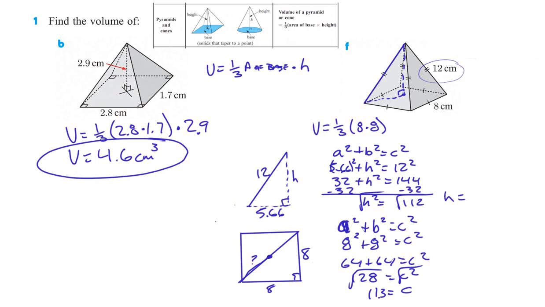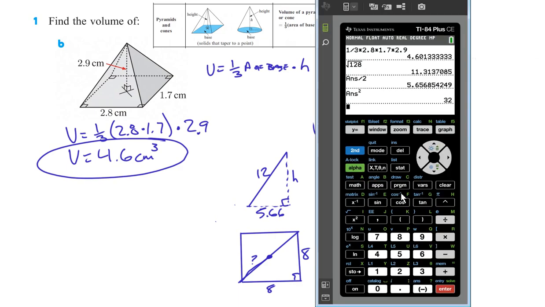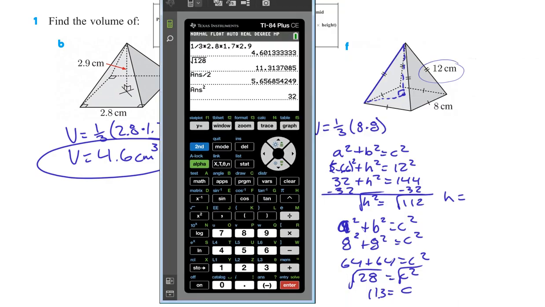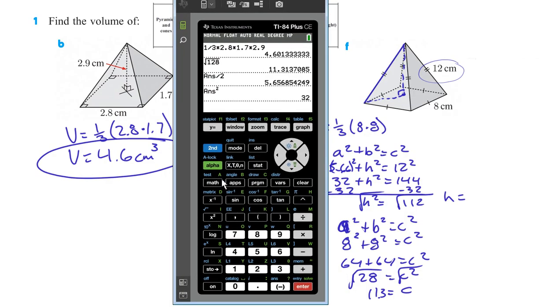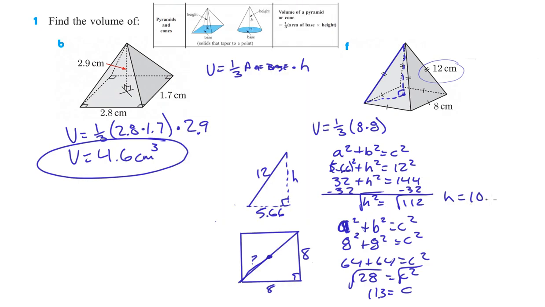Square root both sides, and we get the height. I know this is a lot of work to get that all figured out. So we're doing the square root of 112, oops, not 12, but 112. There we go, we get 10.6. Now we can multiply by that 10.6, 1/3 base times height.